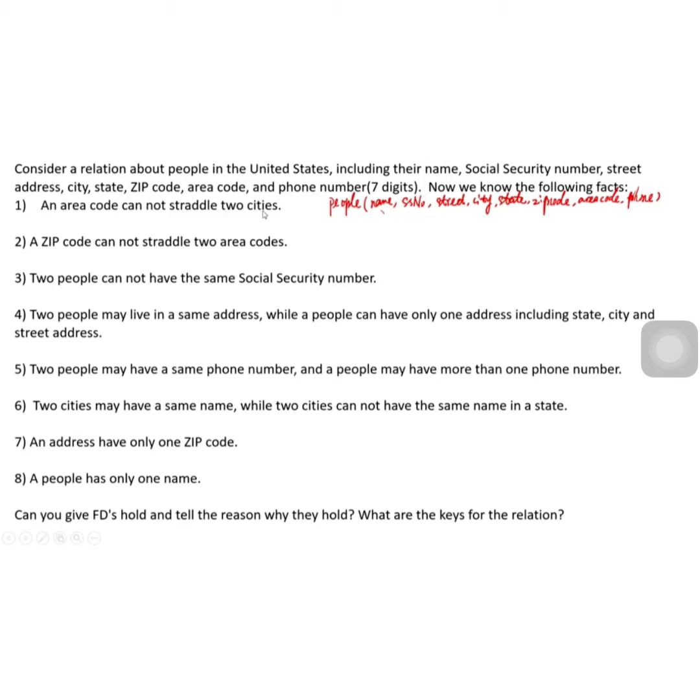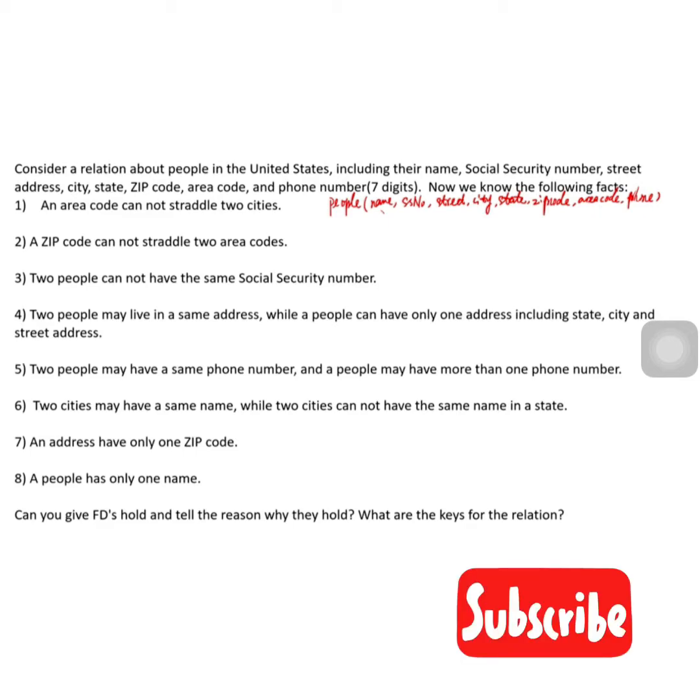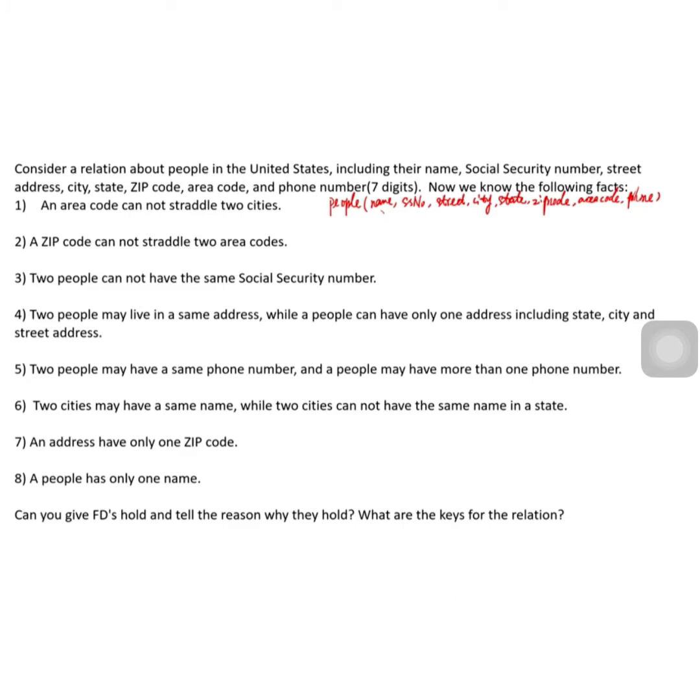So that means if we're given an area code, the city is determined. If there are two tuples with the same value on area code, they must have the same value in city.